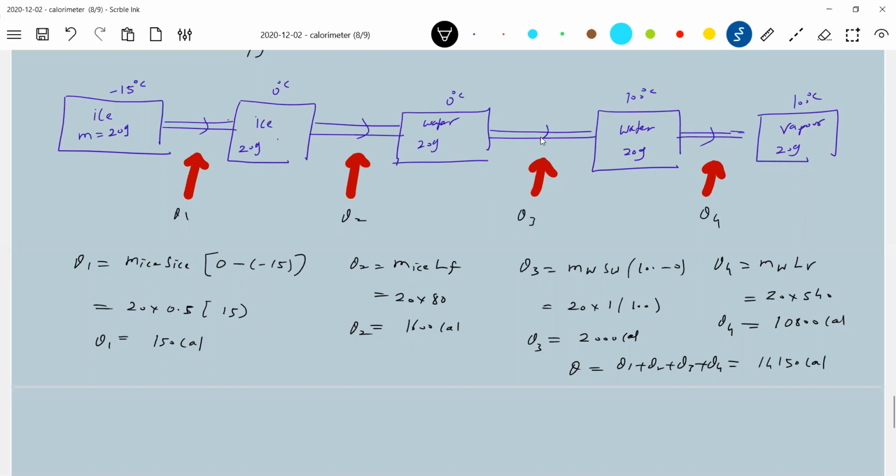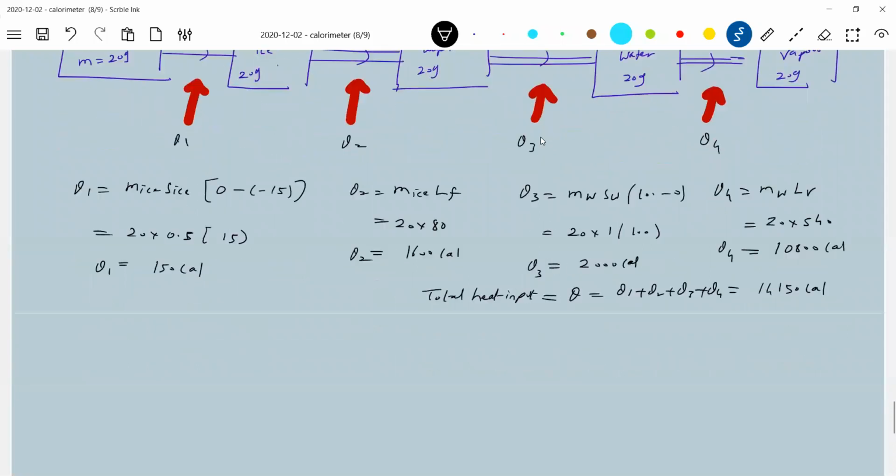Let's plot the temperature versus heat input. What are Q1, Q2? Heat supplied, or heat input. I think the calculations are done. Let's go for plotting the graph. I'm trying to plot temperature versus the heat input.